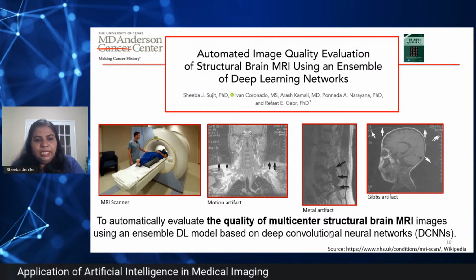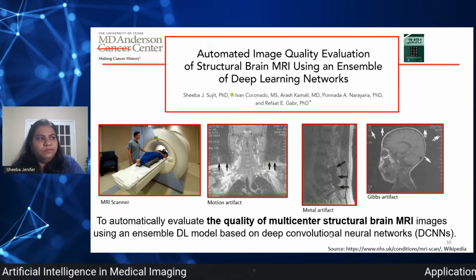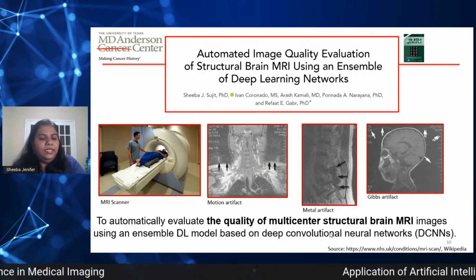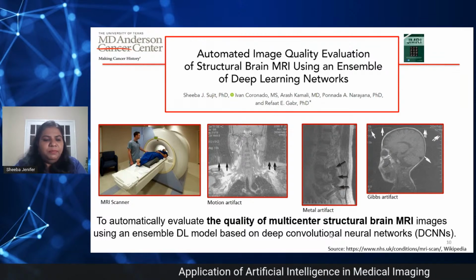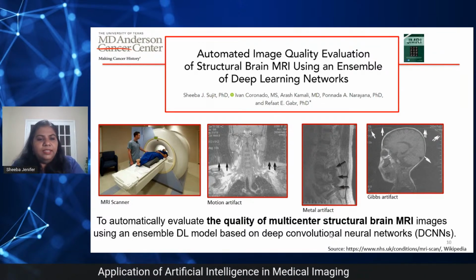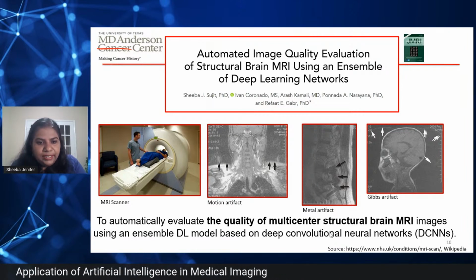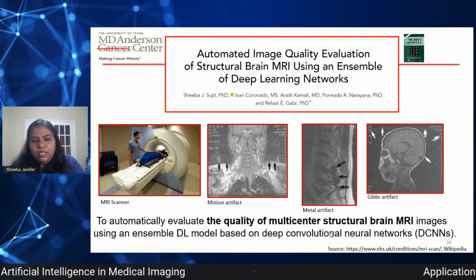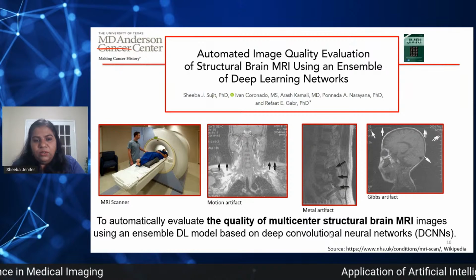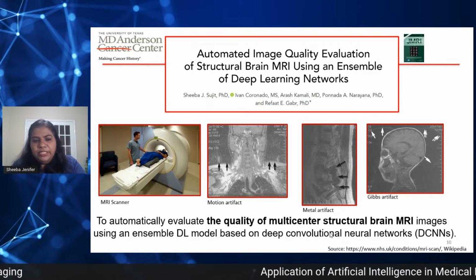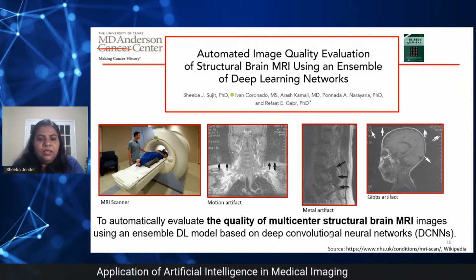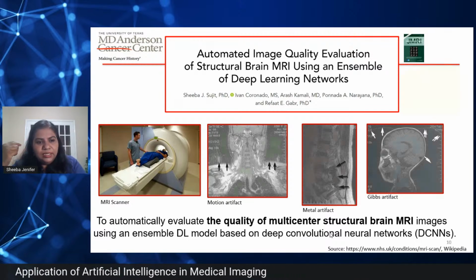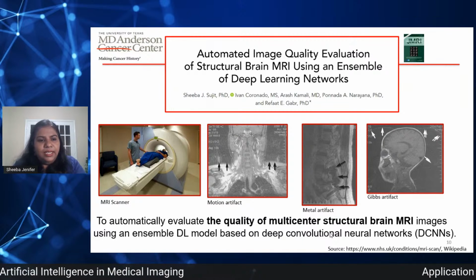So what's happening in a hospital or in an MRI imaging center? You can see in the first picture, there's an MRI scanner and a patient is being scanned. But not all images are very good. Sometimes the patient may shake the head like this. There may be motion in the head, or there may be some metal implanted inside the head.